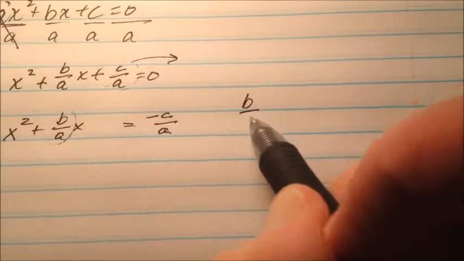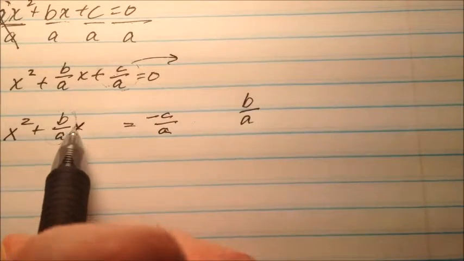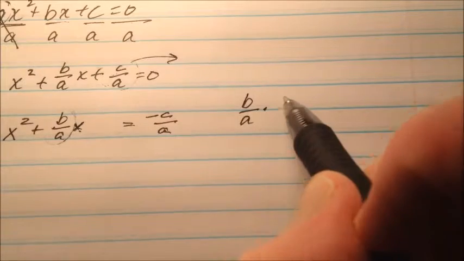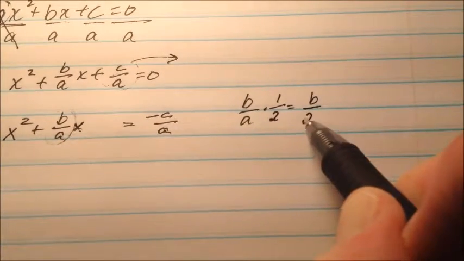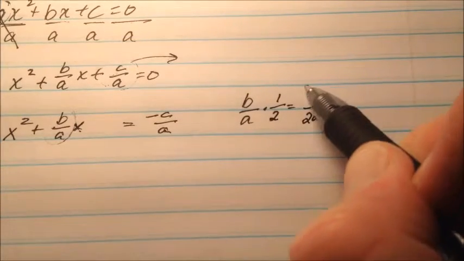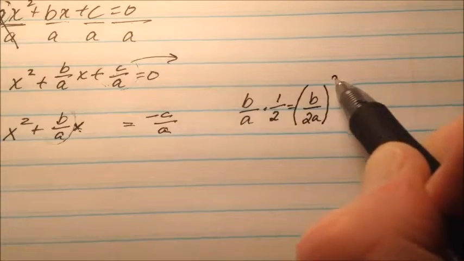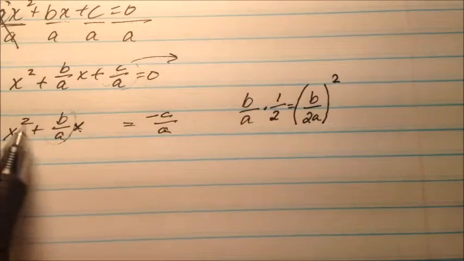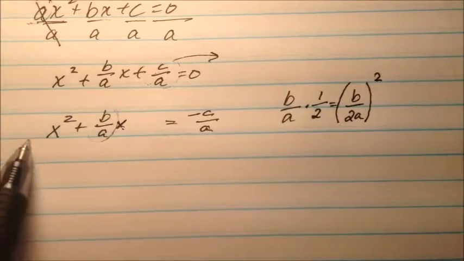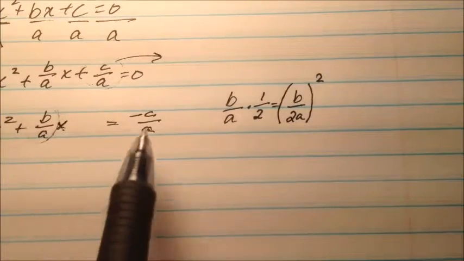So this b over a is the coefficient of my linear term x. I'm going to take half of that, so I'm going to multiply it by 1/2, and I'll get b over 2a. And then I take that whole term and I'm going to square it. In doing so, I'm going to form a perfect square on the left side that I can factor.